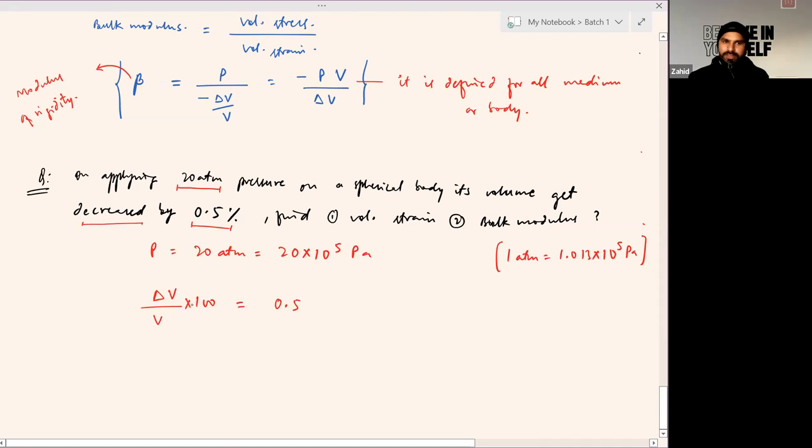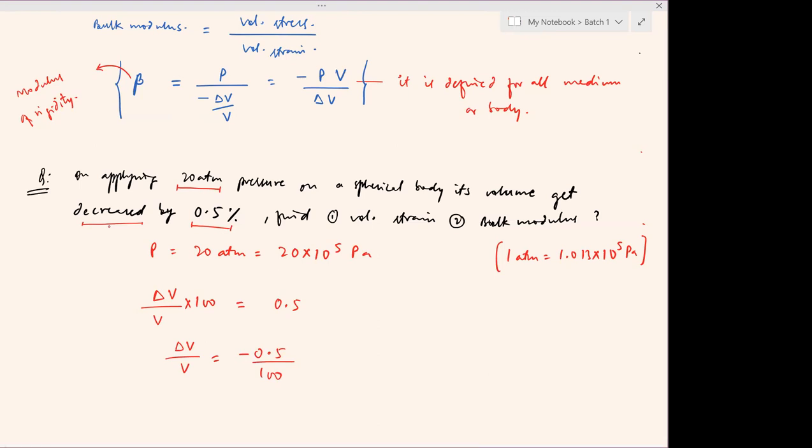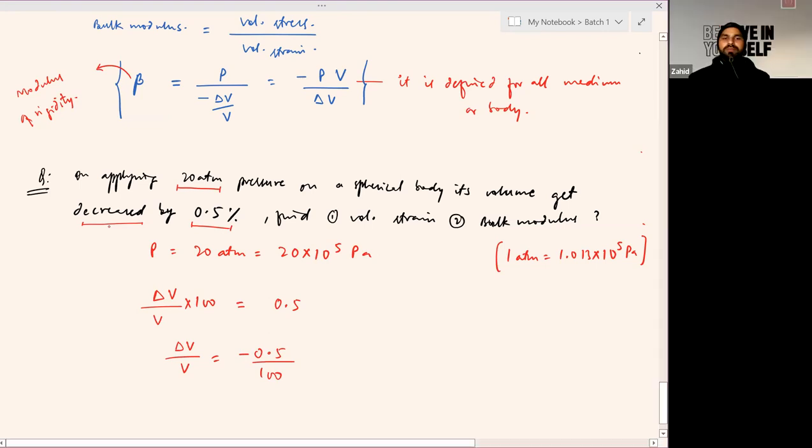So move this 100 to the right side: delta V divided by V equals 0.5 divided by 100, and I have put a negative sign here as it is decreasing. Hamza, is it clear? Yes, sir. Now put the formula to find bulk modulus.